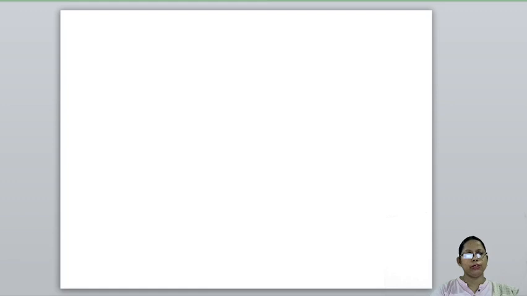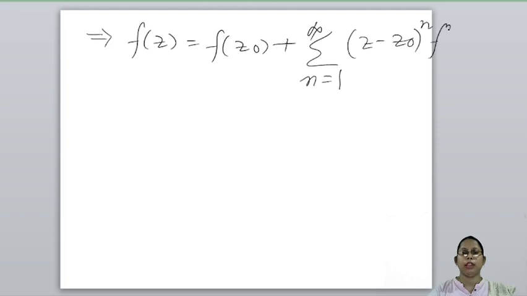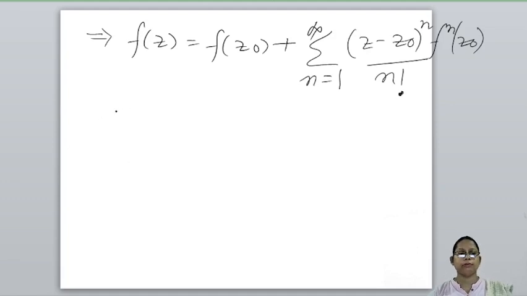In summation notation, it can be written as f(z naught) plus sum over n ranges from 1 to infinity of (z minus z naught) to the power n f^n(z naught) divided by n factorial, which is the required Taylor's theorem.